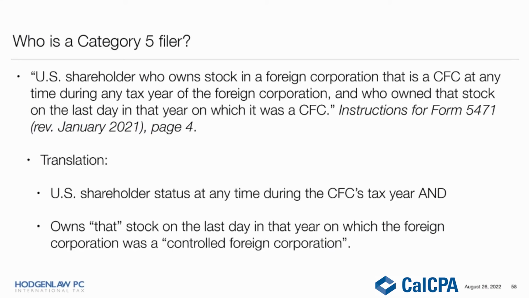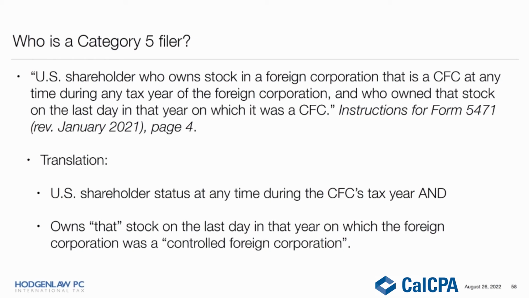So who is a category 5 filer? It's a U.S. shareholder. So remember, that's a U.S. person with 10% or more of the stock, at any time during the tax year. So it doesn't have to be the last day of the year that it was a CFC. So again, you have 10% of the stock of a corporation. You sell it today, August 26, 2022, the last day that it is a CFC because you sold all your stock.